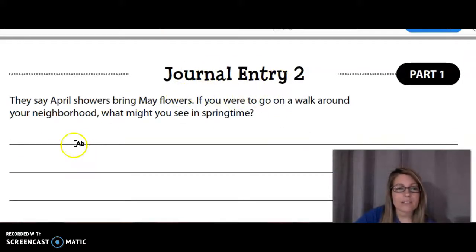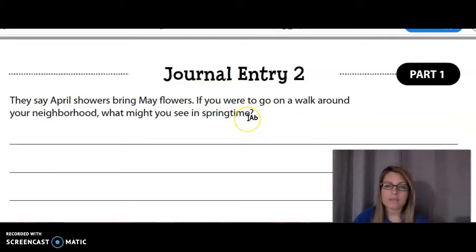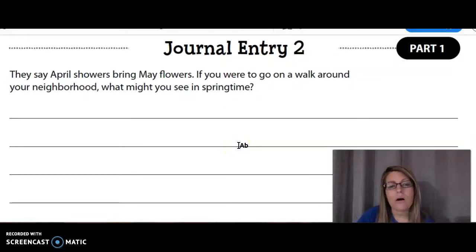Your assignment was to write about what you see in your neighborhood during the springtime. For me, I see a lot of animals out in my neighborhood in the spring. I see the flowers starting to bloom. And they want you to circle all the compound words that you see in this section.